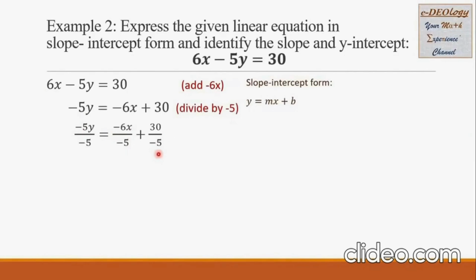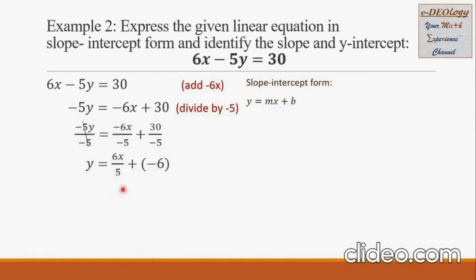Then we will simplify further. We can now cancel the coefficient negative 5 and the divisor negative 5. So only y comes down here. And then the negative 6x over negative 5 will become positive 6x over 5. Then plus 30 divided by negative 5 is negative 6.